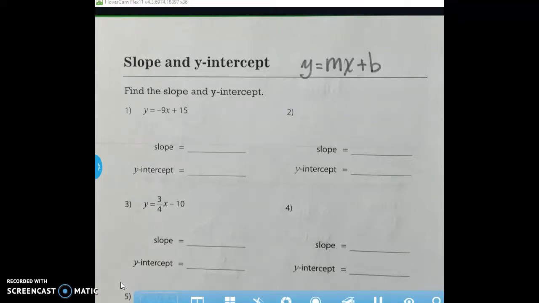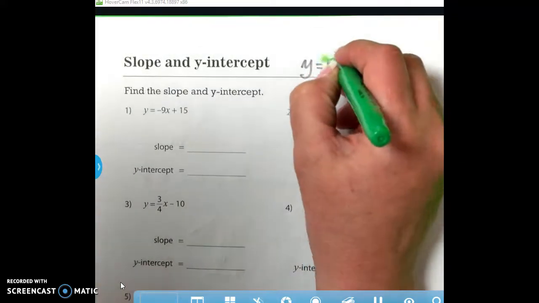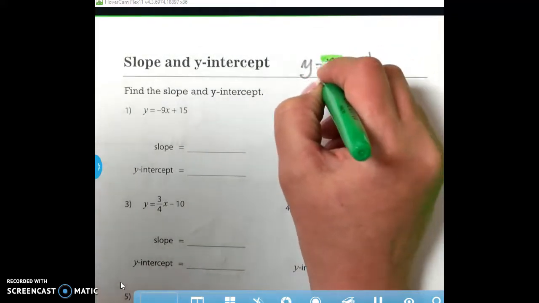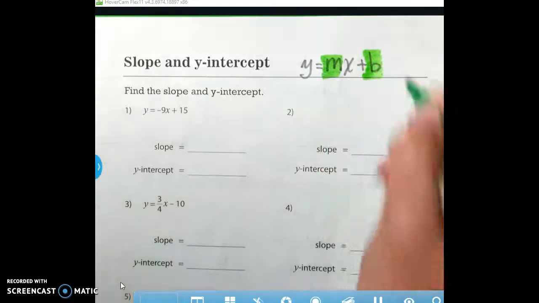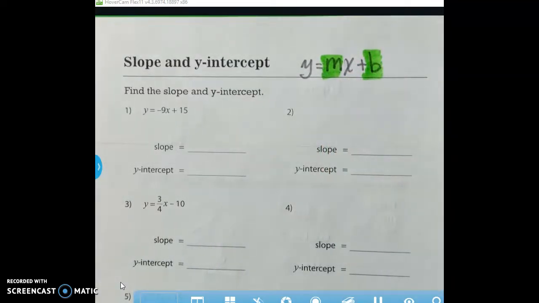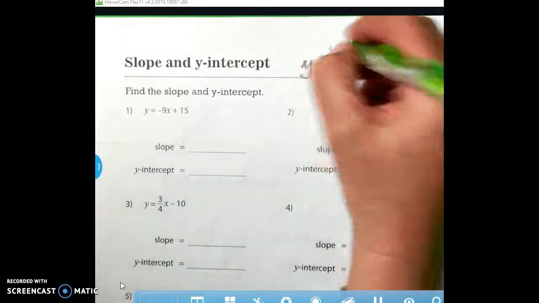So what is new in this particular equation is the value of m, so I'm going to go ahead and highlight this, and the value of b. Okay, so these two new variables are super important for our analysis.